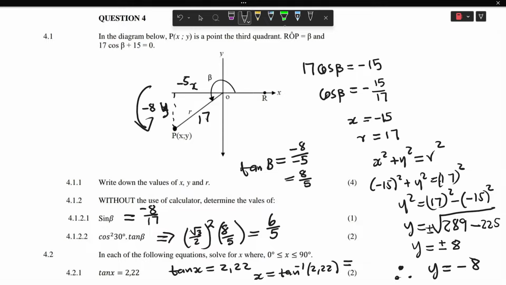Then the answer will be 65.75 degrees. All right, so that is the thing about this question. I hope we are clear on that one.